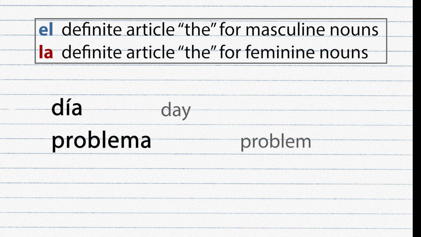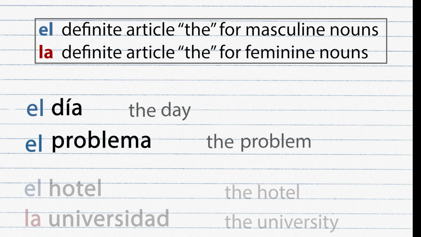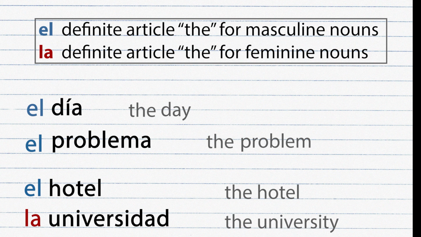El is the definite article the for masculine nouns. La is the definite article the for feminine nouns. So when you learn the phrase el día, you know that the word día is masculine because the definite article el is used. And not every noun ends with an A or O. That's why the definite article before the noun will help you to remember the gender of the noun.